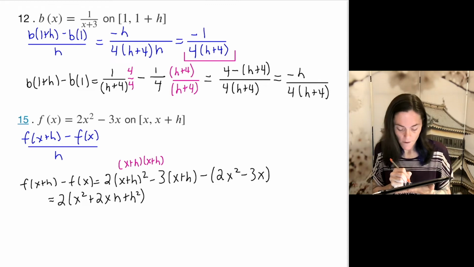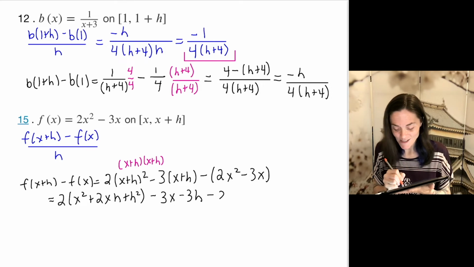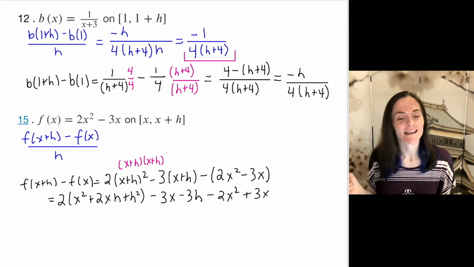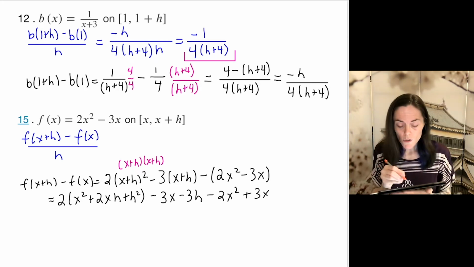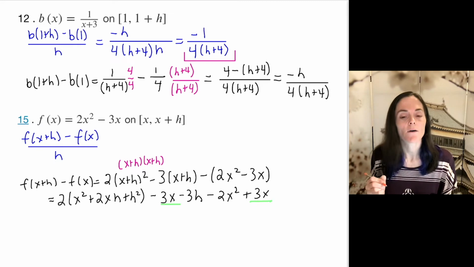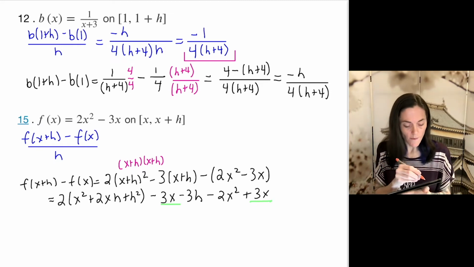And then we have, maybe this part I'll go ahead and multiply out. We have 3x minus 3h. We have minus 2x squared. We have plus 3x because I have distributed the minus sign. So far, this part, minus 3x and plus 3x adds to 0. But I will also have more adding to 0.